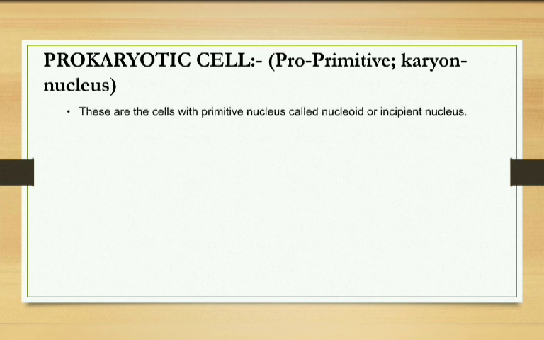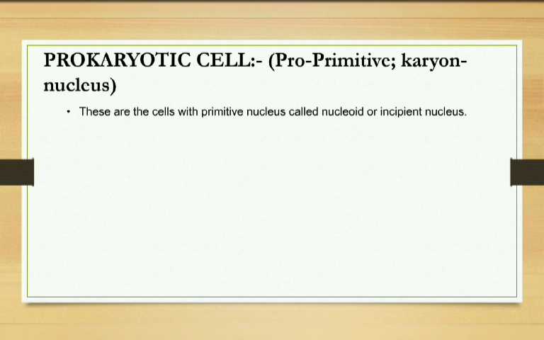Now this is number one, prokaryotic cell. Pro and karyotic. Pro, that is primitive. Primitive, it means old. Karyon, any nucleus. Study of nucleus is called karyology. Please be reminded, these cells have a primitive nucleus, which is called nucleoid or incipient nucleus.